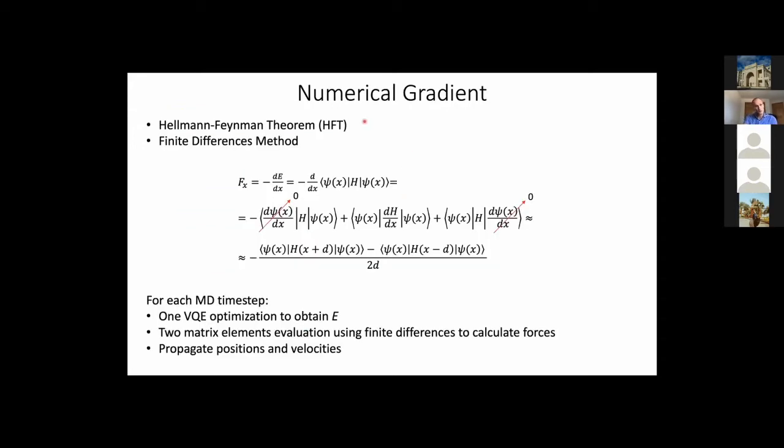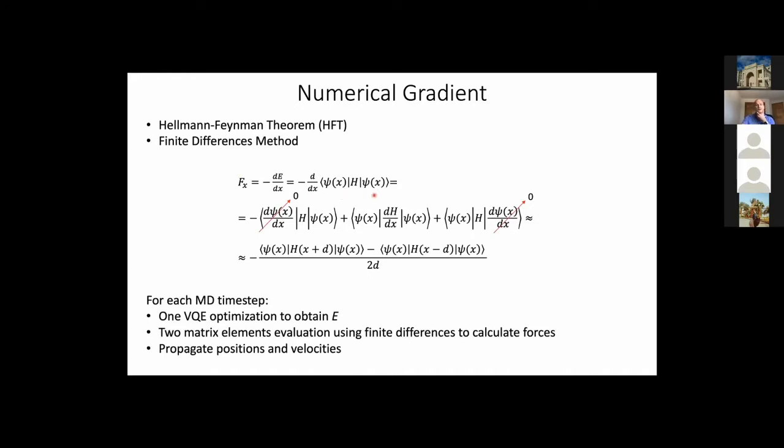So that was energy. We also need the gradients to run molecular dynamics simulations. In this work, we calculate the gradients numerically using the Hellmann-Feynman theorem and finite differences. The expression for force looks like this.